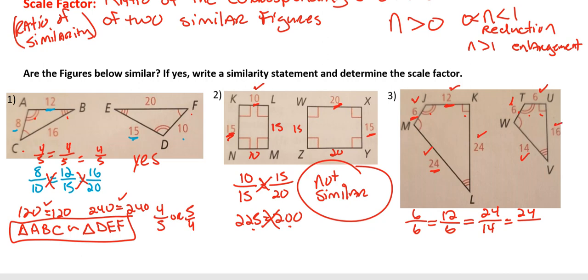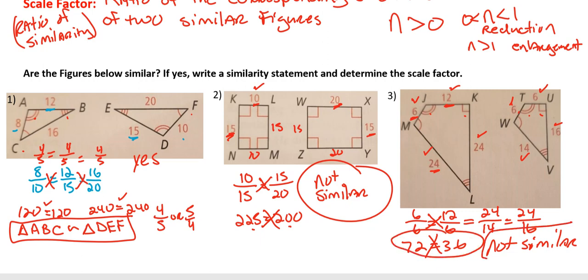And the biggest side over here is 16. So just from the first cross here, I'm going to get 72 equals 36. It's not going to work. They're not similar. And that would be sufficient, just showing that the proportion didn't work. If you didn't even want to go that far, you could just say sides not proportional.